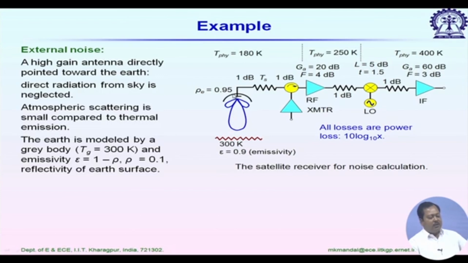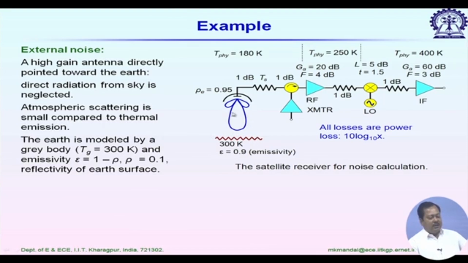But since its rho is 0.1, it is a poor reflector, and looking at the roughness of the earth surface, we are simply neglecting that reflected power part. In practice also it is negligibly small. We will be considering then only the effect due to the emission from the earth surface itself, which we are considering as a gray body.